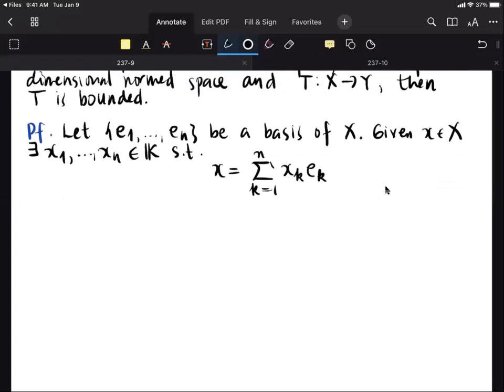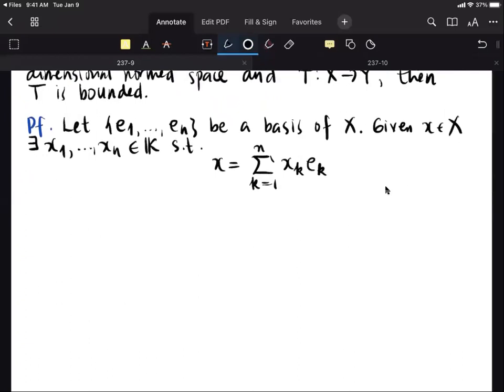So there's a one-to-one correspondence. Let's denote that by J from X to K^n, x maps to Jx. In fact, this n-tuple here is unique since you have a basis, so this map is well defined.